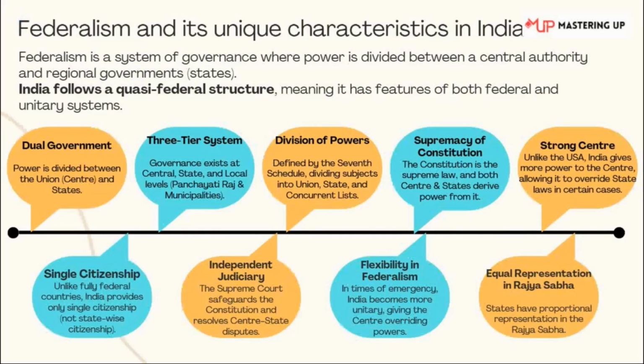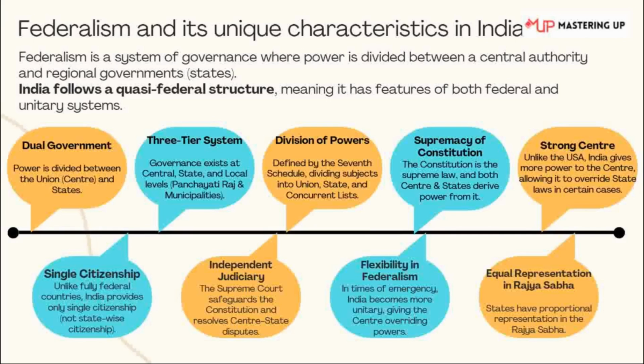Let us try to understand the unique characteristics of federalism in India. Federalism is a system of governance where power is divided between a central authority and regional governments, the states. Federalism is of two types: coming together federalism and holding together federalism.